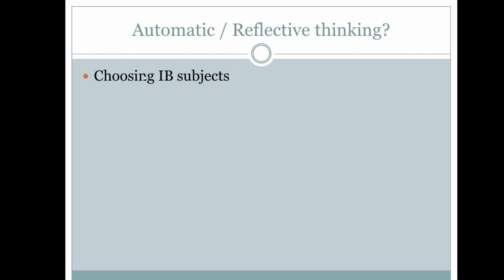When you are choosing IB subjects, you need to think it through, right? Because you need to think about what kind of subject you have to study in university, and that's why I'm choosing those options as my IB subjects, because they will help me get into the subject that I want in my further studies.